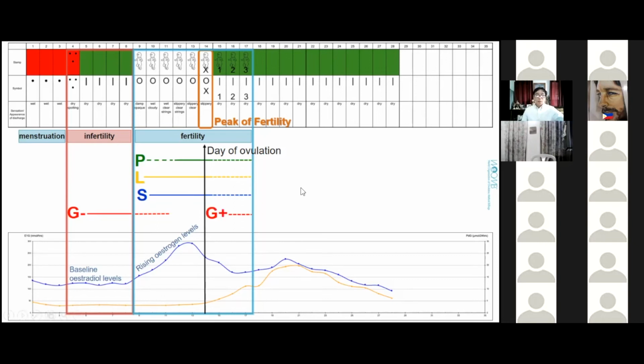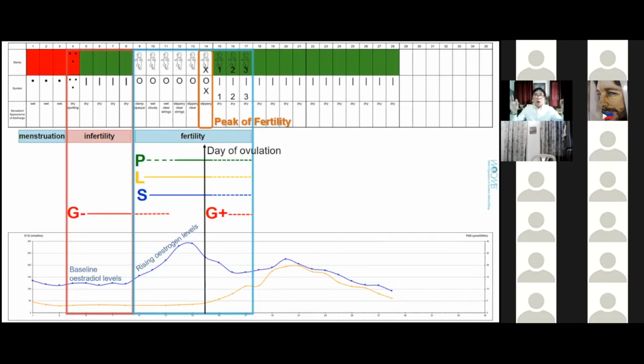Let's continue. The moment the luteal phase starts to appear, after the peak day, day 15, the beginning of the luteal, G plus mucus will appear, but not in large amount.